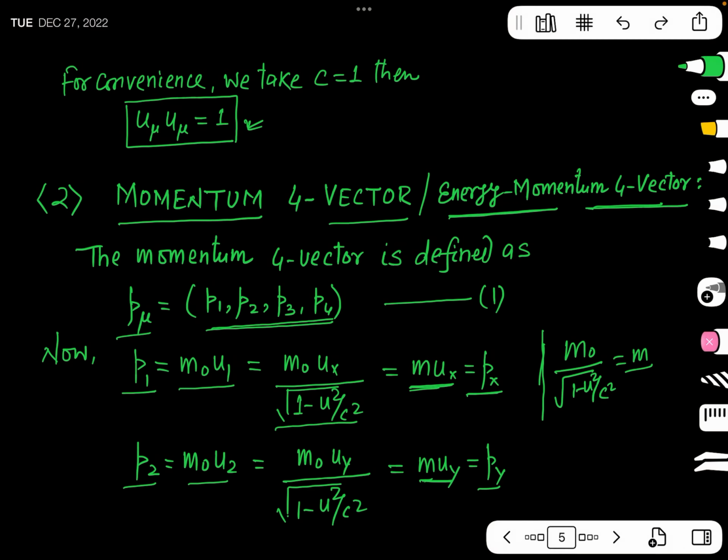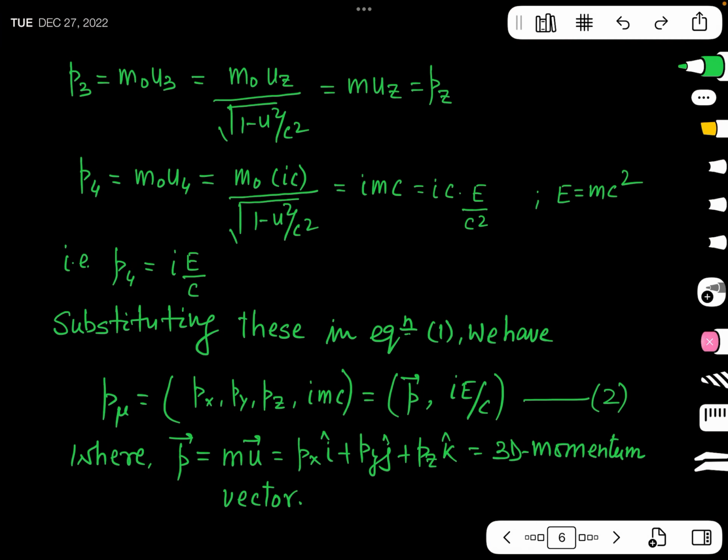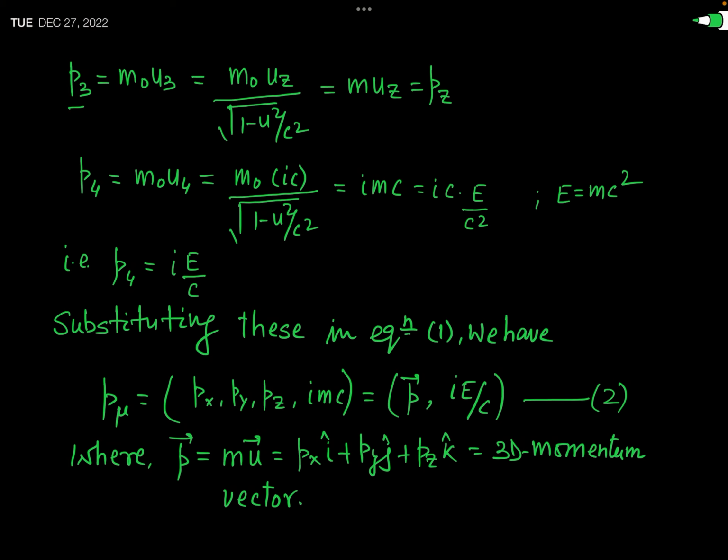In a similar manner, you can define p3, and that will be equal to pz. See here, p3 is defined as m naught u3, and you have seen that u3 is equal to uz divided by root over 1 minus u square by c square. This will be equal to m uz, and this m uz is equal to pz. This is the z component of the three-dimensional momentum vector.